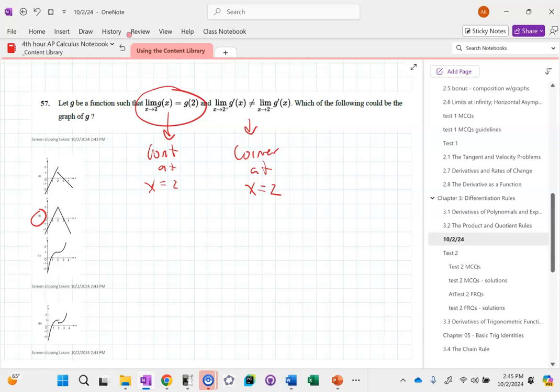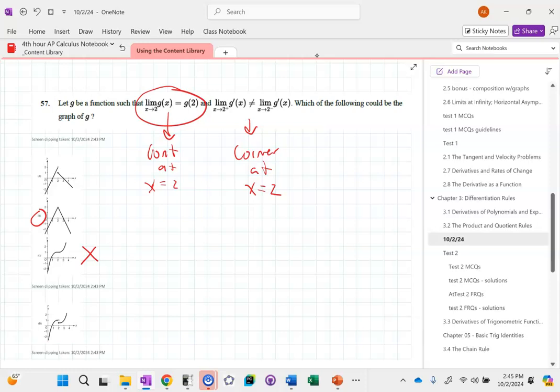So the only one it can't be is this one, if all I have is this. Wait, I'm confused how that tells you it's continuous. So the left-hand limit equals the right-hand limit. Tells me the limit exists. That's what I have. The limit as x approaches 2 of g of x is the same thing as saying the left-hand limit equals the right-hand limit.